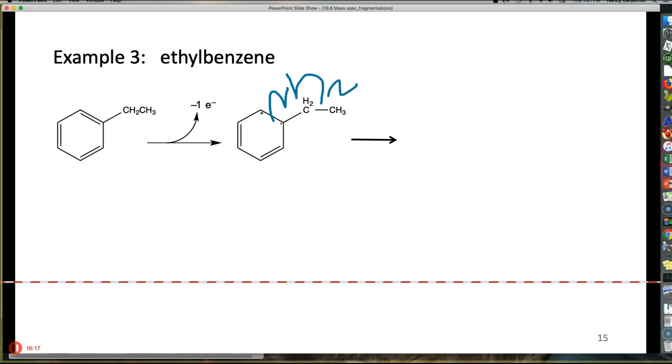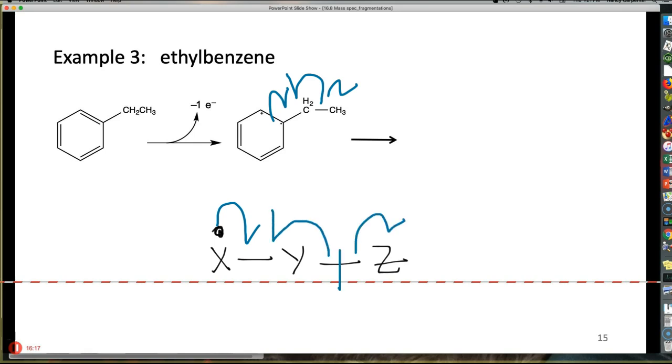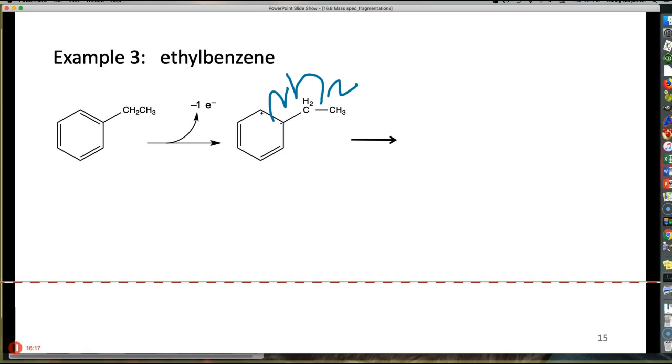So you're always taking an atom X that's bonded to atom Y and atom Z. You're plopping that guy down, and one bond over, you're homolytically cleaving to kick out Z radical, and you're making an XY over here. So that's what we're doing, and in so doing for ethylbenzene, that would result in something that looks like this.